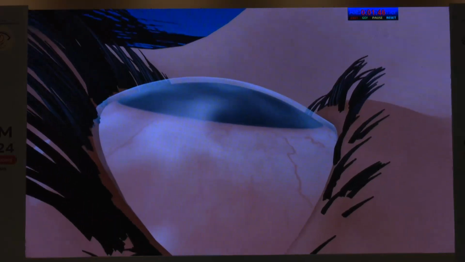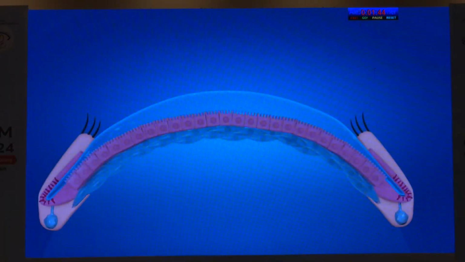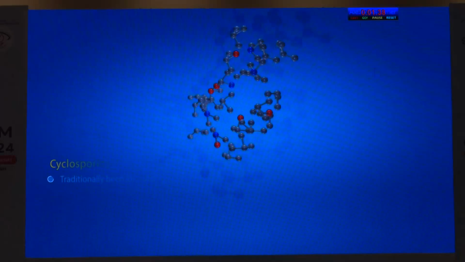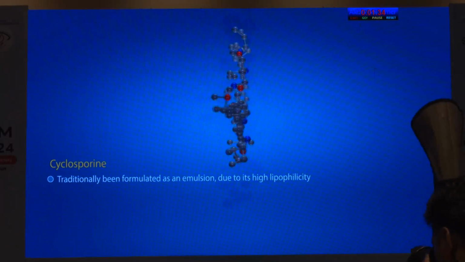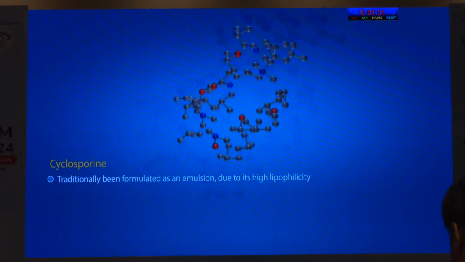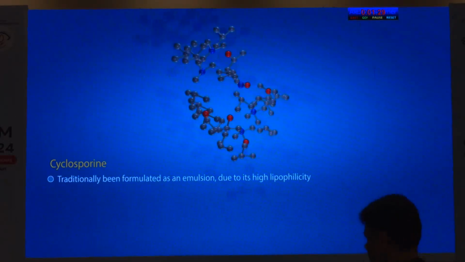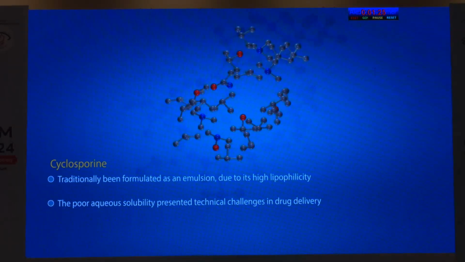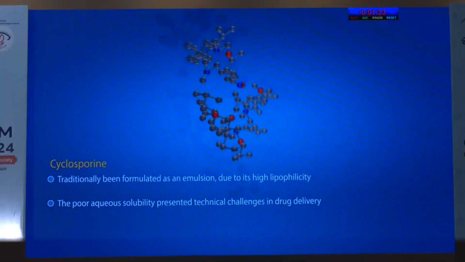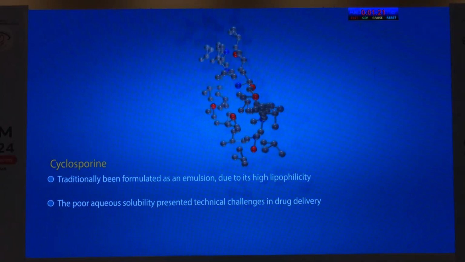Inflammation, a common cause of lacrimal gland dysfunction, leads to disruption of ocular surface homeostasis. Cyclosporine, clinically proven to suppress inflammation, has traditionally been formulated as an emulsion due to its high lipophilicity. The poor aqueous solubility of cyclosporine presented technical challenges in drug delivery to the ocular surface.